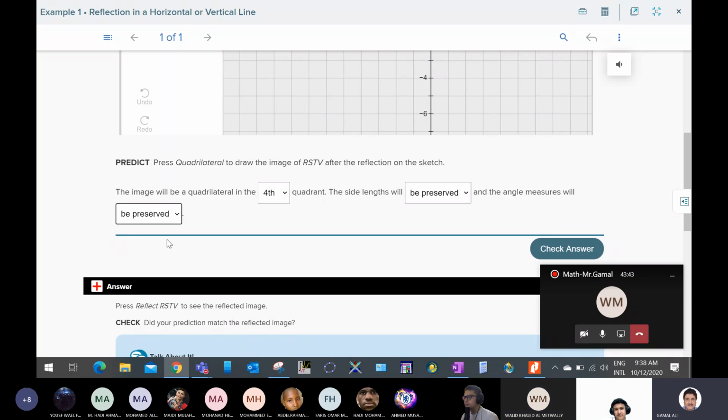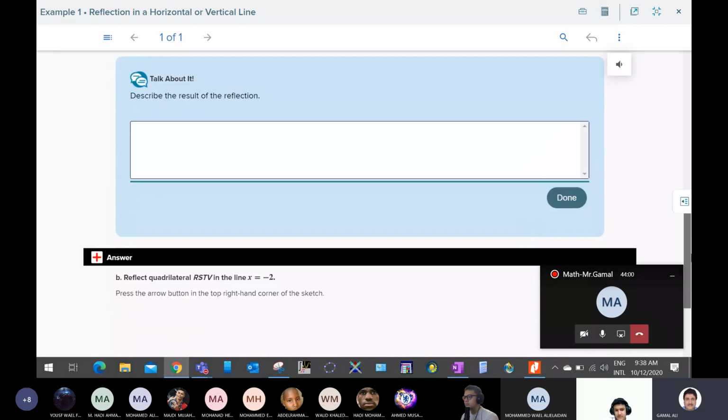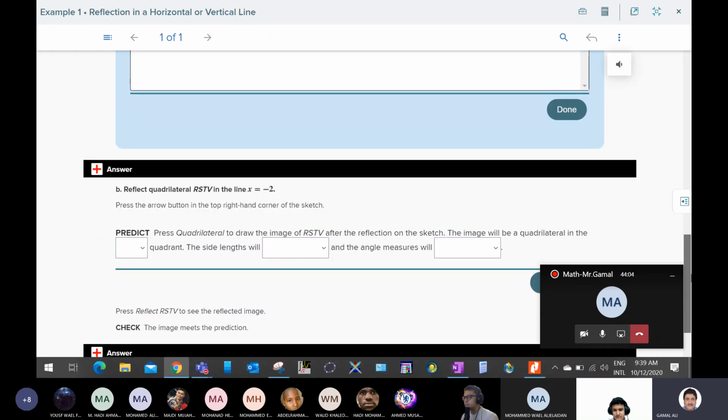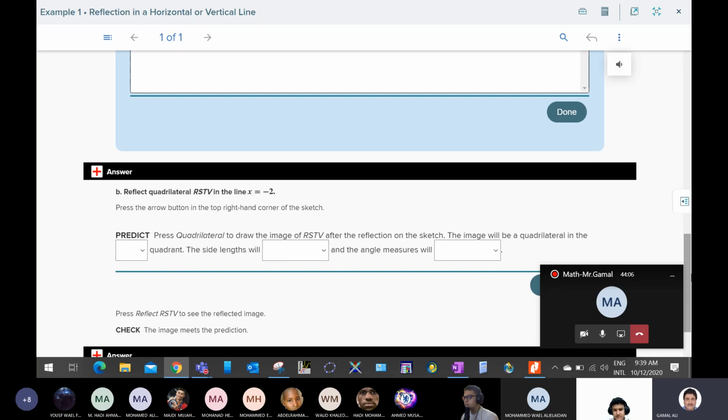If the length doesn't change, the angle is still the same. So we can say the reflection preserves the length and the measure of the angles. Can we check? Yes. Okay, guys, press quadrant to draw the image.